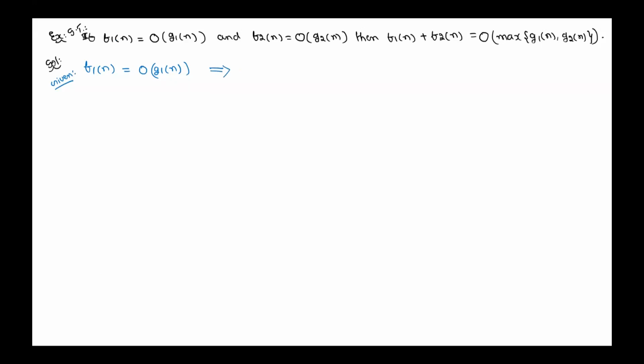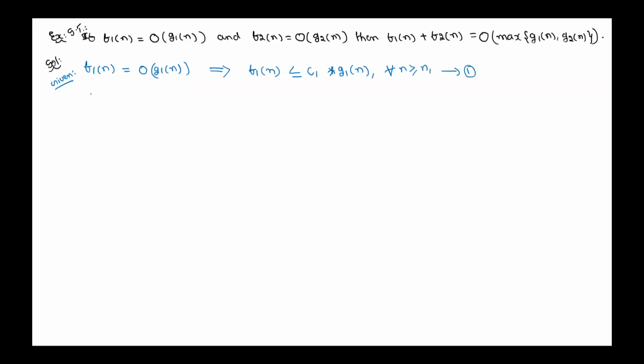The order of growth of f1 of n is less than or equal to the order of growth of g1 of n. So that means f1 of n, according to the formal definition, is less than or equal to some constant C1 into g1 of n for all n greater than or equal to some constant, say n1. Is that correct?